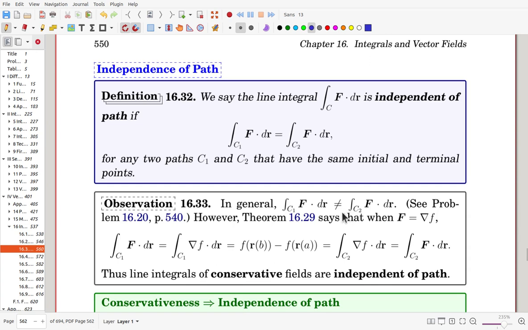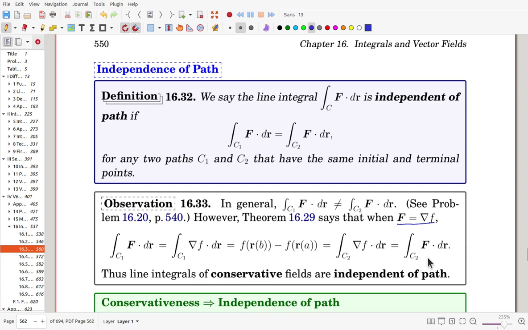In general, the integral is not independent of a path, and we already considered some examples. However, once the given vector field is conservative, so that we have a potential, then the integral is independent of a path. Let's see this equation. The integral along C1 of the vector field can be written in this way. Now, from the fundamental theorem of calculus, we can evaluate it with the potential at the terminal point and the potential at the initial point.